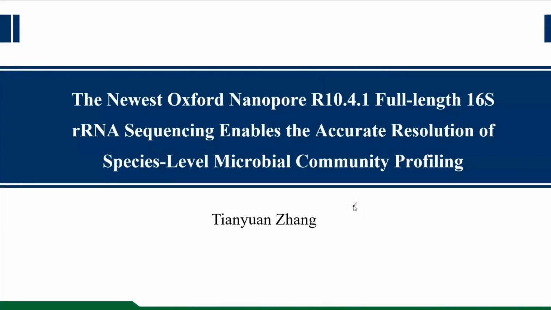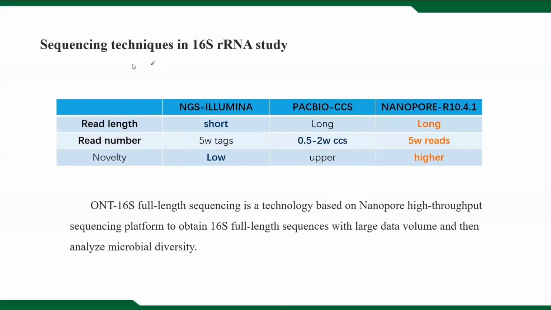I'm excited to present our latest research on advancements in microbial community profiling using the newest Oxford Nanopore R10.4.1 flow cell. Currently, 16S ribosomal RNA sequencing technologies primarily include short-read sequencing, led by the Illumina platform, followed by PacBio's full-length 16S rRNA sequencing. Illumina 16S is cost-effective and yields a high number of sequencing reads, but has shorter read length.